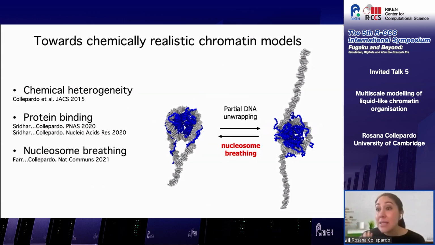And indeed, simple thermal fluctuations allow part of the DNA that is wrapping around the histone core to spontaneously unwrap and rewrap in this phenomenon that is known as nucleosome breathing. So nucleosome breathing is important, as I'll show you next.